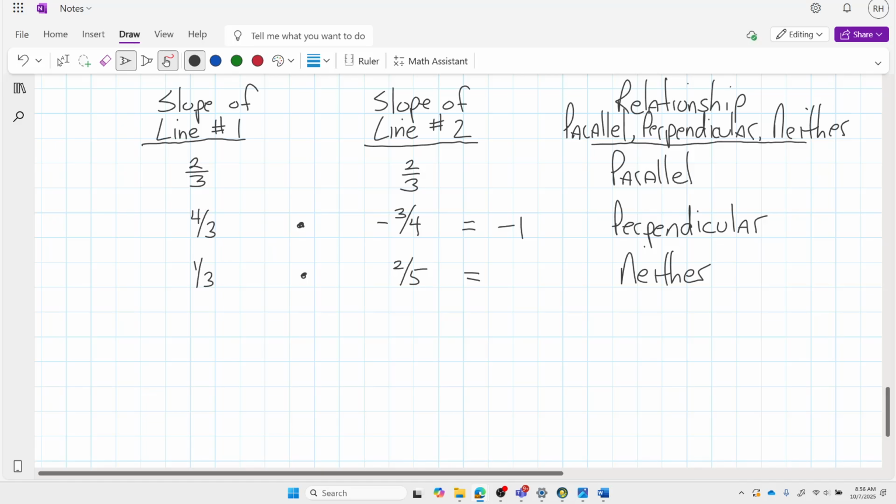Just type it in your calculator. It's 2/15. All right, so they're neither. The product's not -1, the slopes aren't the same, so the lines are just two intersecting lines.